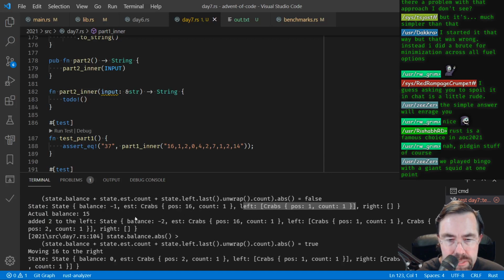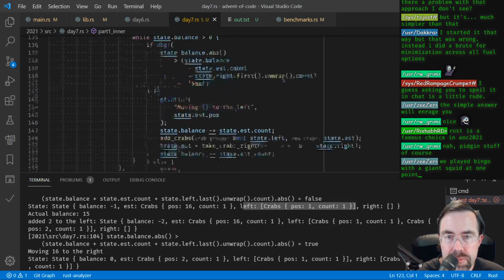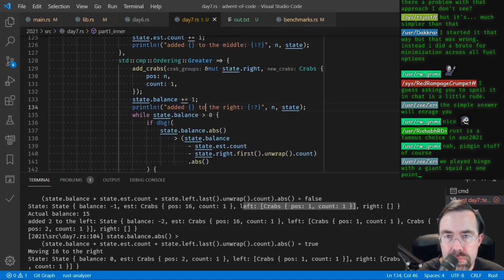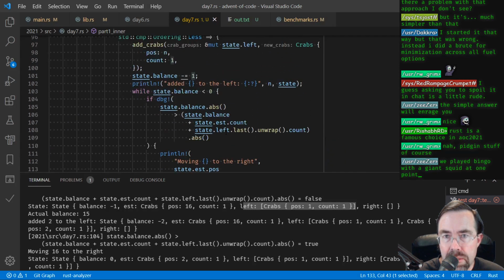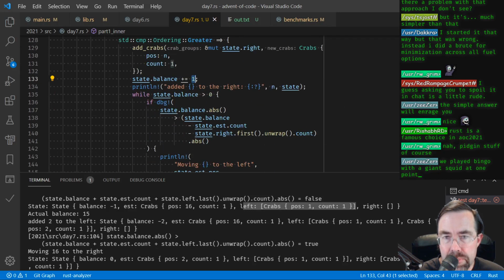We placed it to the left. So that happens up here. So we only added... Wait, why is there a 1 there? Oh, that's the problem. That's one problem. It shouldn't be 1.